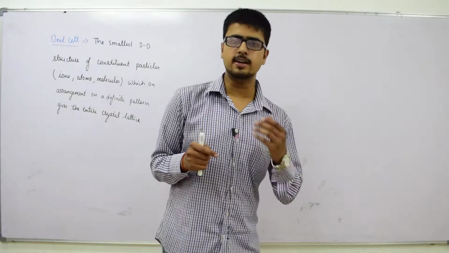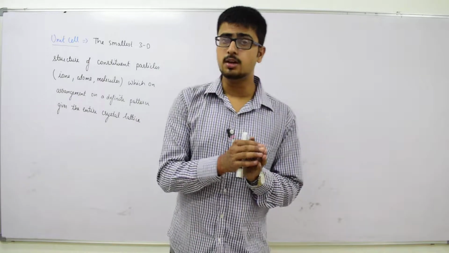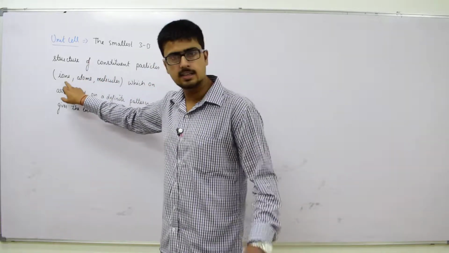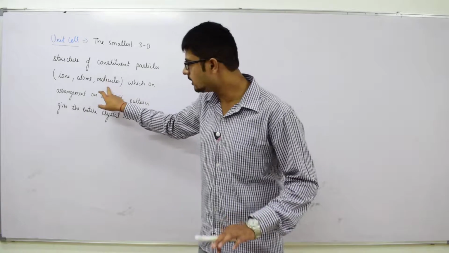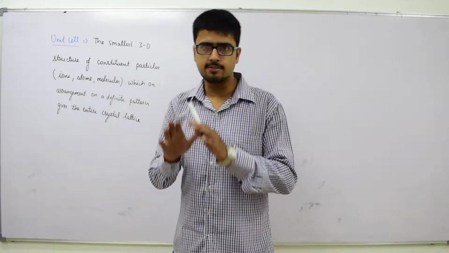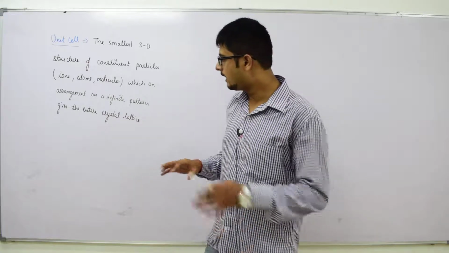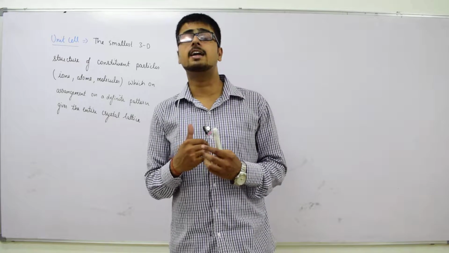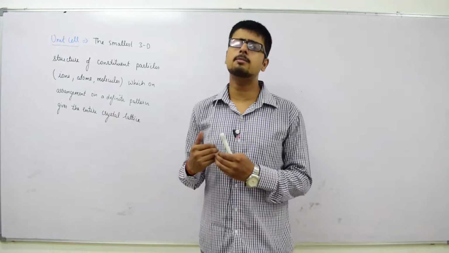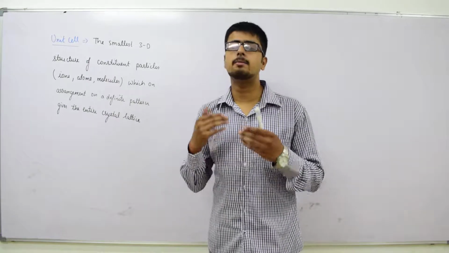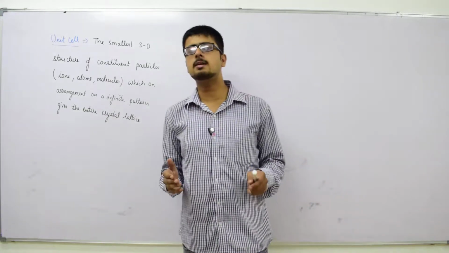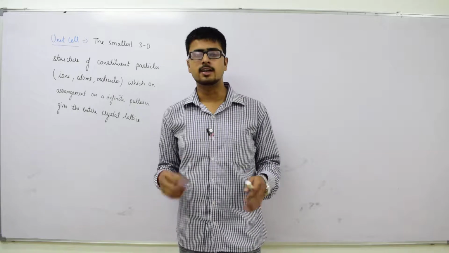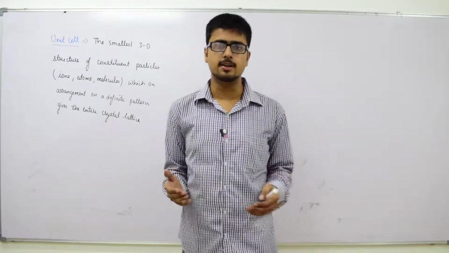So, a unit cell can be defined as the smallest 3D structure made of constituent particles, which can be ions, atoms or molecules, which on arrangement in a definite pattern or rule give the entire crystal lattice, which can also be called a crystal, or a solid.